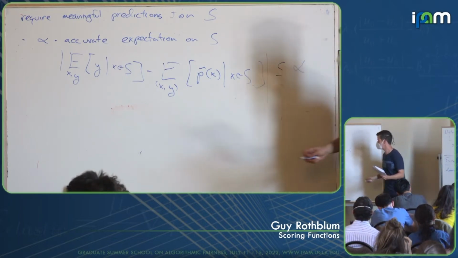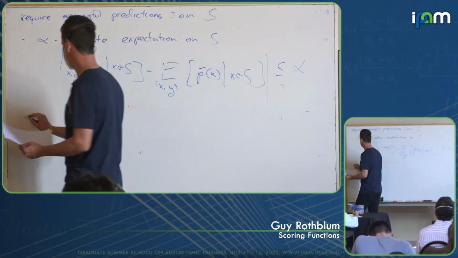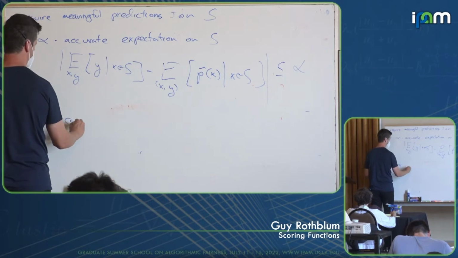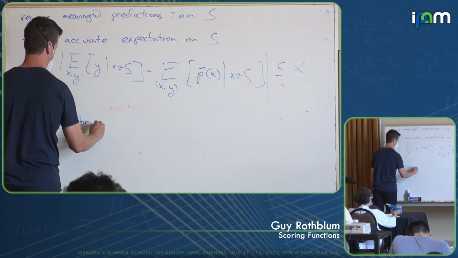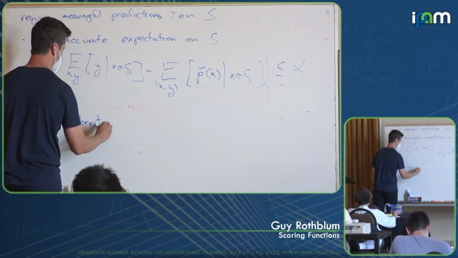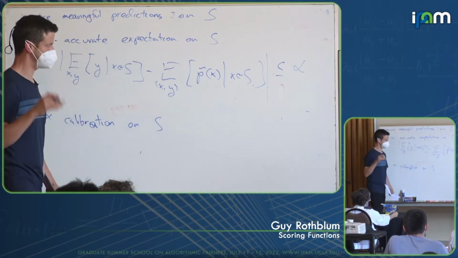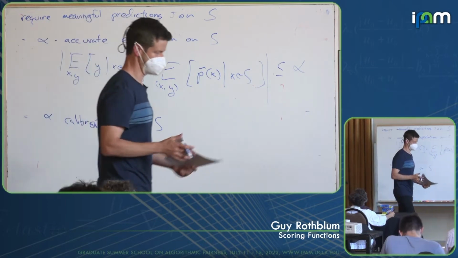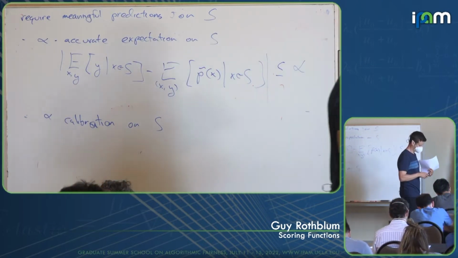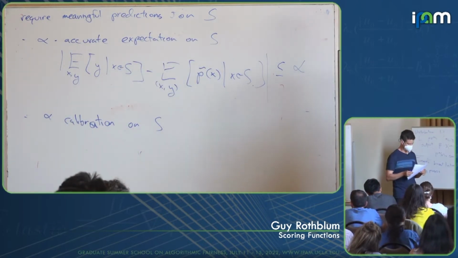And we could also talk about alpha calibration, or calibration up to some error alpha, on the members of S. I'll define it formally tomorrow. We saw an approximate definition for the online case.